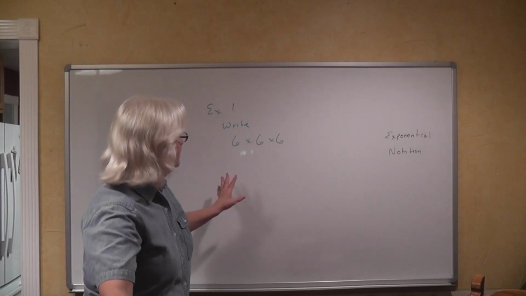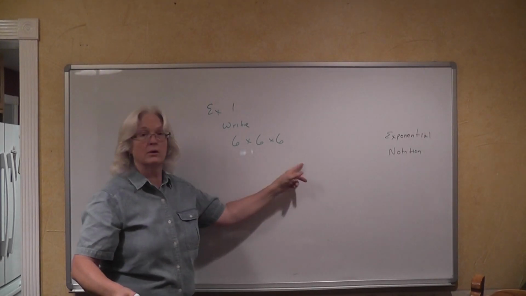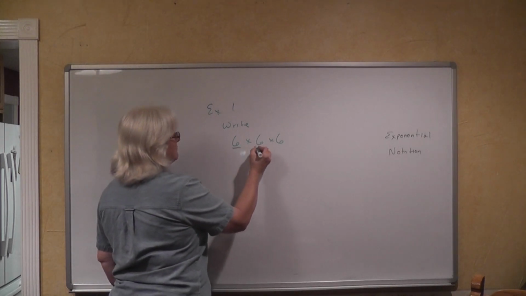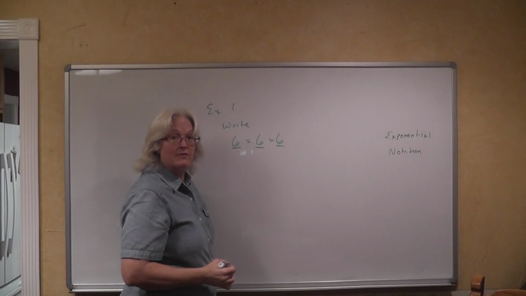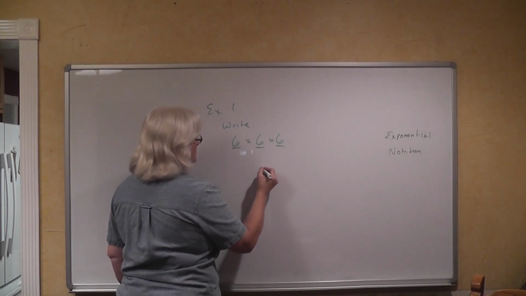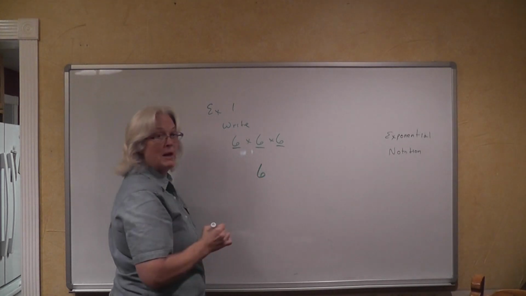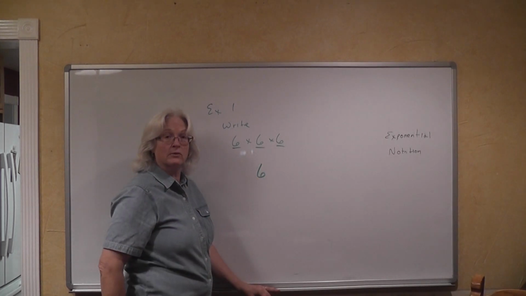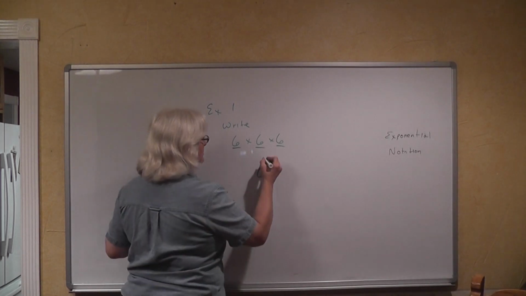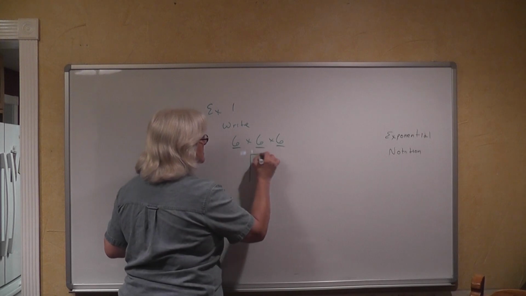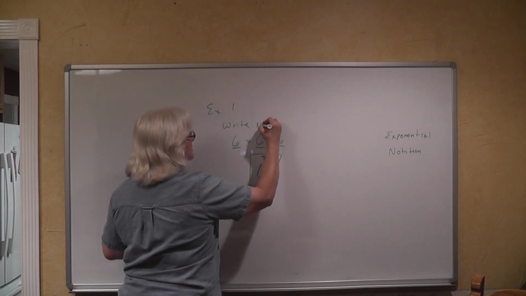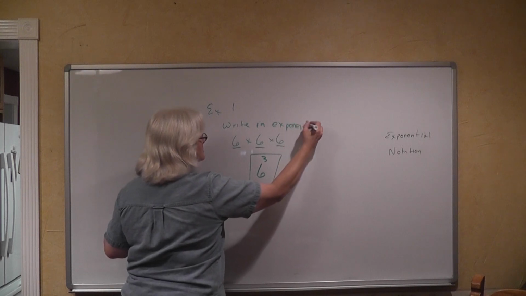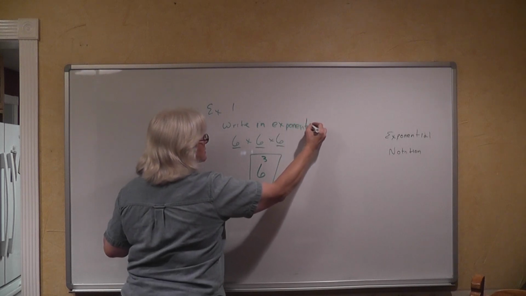So what you're looking for is a factor that shows up a repeated number of times. And what is that factor? That factor is a 6. So that is going to be the base. How many times is it used as a factor? It's used as a factor 3 times. Write in exponential notation was your instructions.